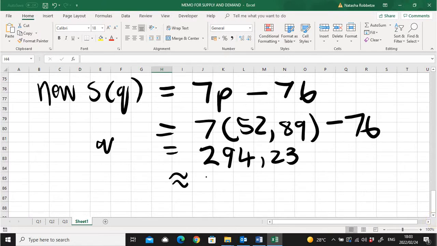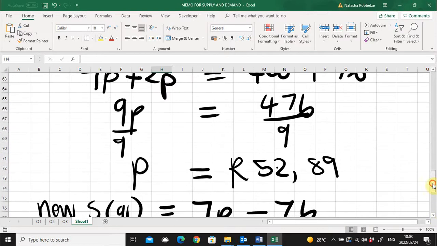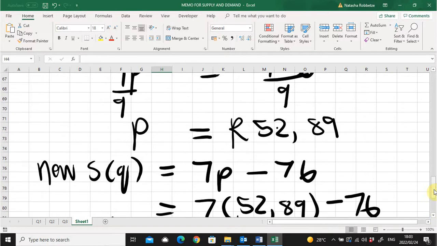So the completed units will be 294 that we will have to sell. So for the new market equilibrium, if we impose a tax of 5 Rand, we're going to have 294 units, and each of them will be sold at an equilibrium price of 52 Rand and 89 cents.